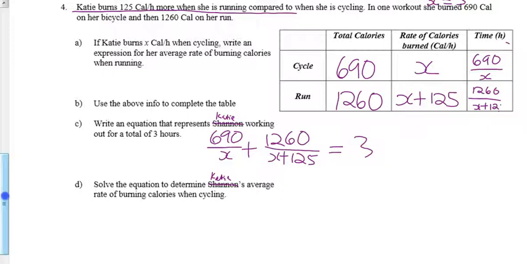x cannot be 0, but it couldn't be 0 anyways. x cannot be negative 125, but it couldn't be negative anyways. So there are restrictions, but we don't really need to concern ourselves with them here because they'd be inadmissible anyways. You can't burn 0 calories per hour unless you're dead.